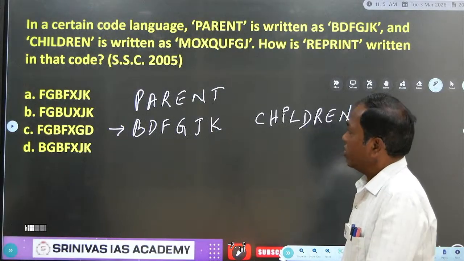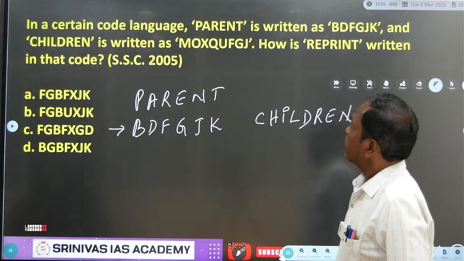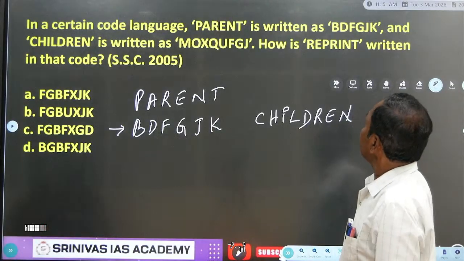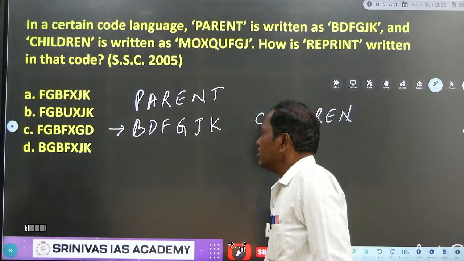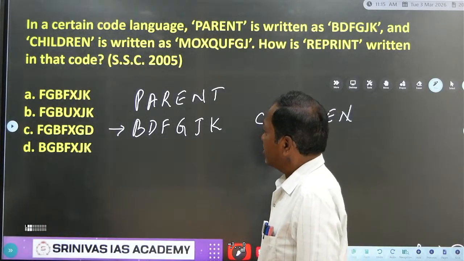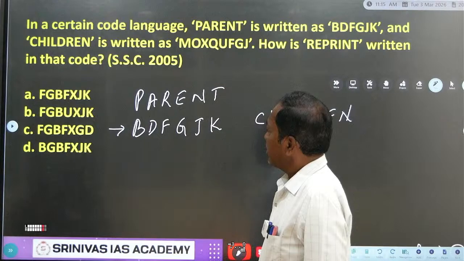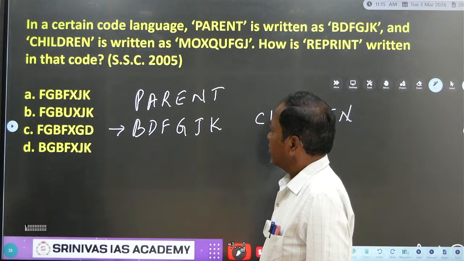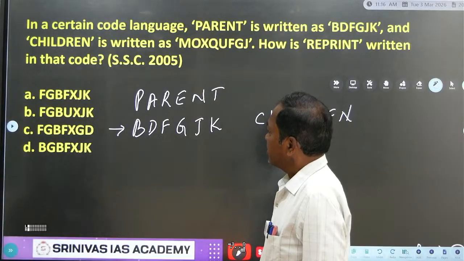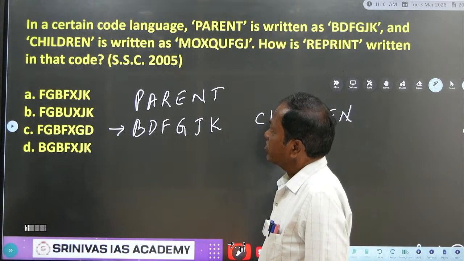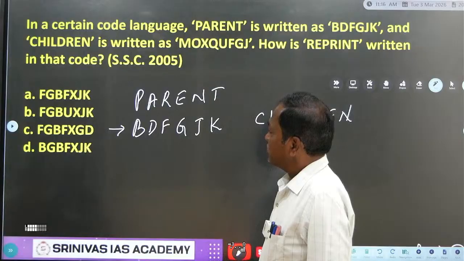How can we solve? Parent PAREN and the parent is written as BDF GJK. PB is very far. AD okay. RF, still it is a four. EG, then how do you do then? How do you try to solve this?